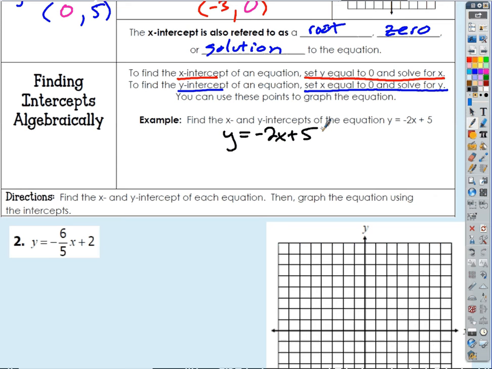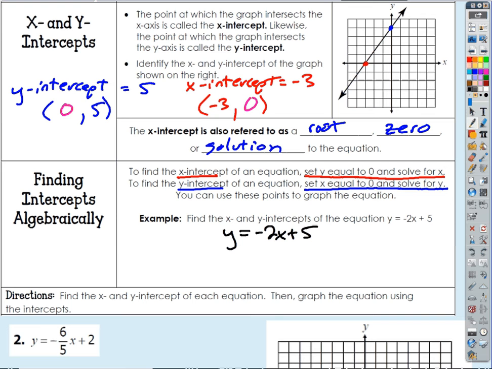To find the x-intercept, it's going to be where what equals 0? You told me up here that the x-intercept was where y equals 0, right? So you know y is going to equal 0 at the x-intercept. It has to.